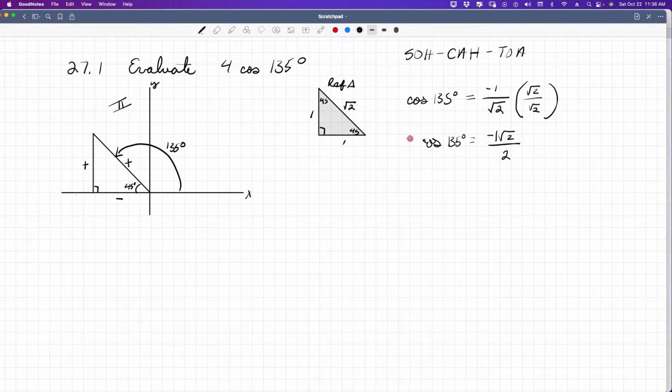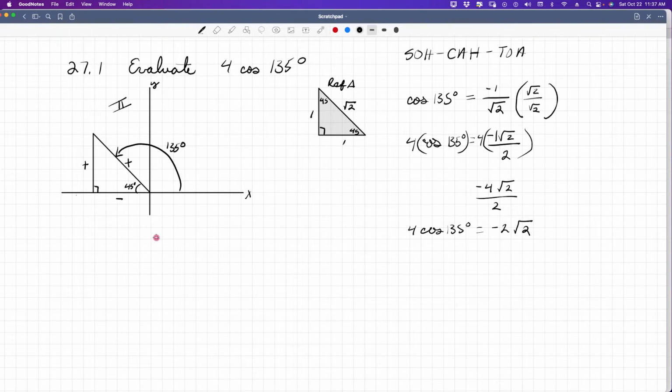But what we need is 4 times the cosine of 135. So we're going to insert a 4 here. So 4 times the cosine of 135 is going to equal negative 4 times the square root of 2 divided by 2. And that resolves it: 4 times the cosine of 135 degrees is going to equal negative 2 times the square root of 2. And that would be our answer. And that is how we get the negatives and the positives, by keeping an eye on where this reference triangle lives on our Cartesian coordinate system.